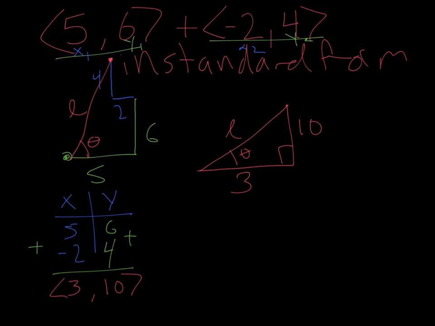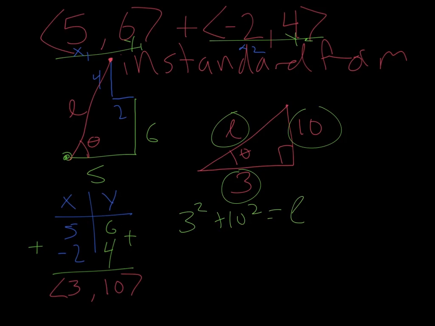So let's find L first. For L, we can just use Pythagorean theorem. Since we know 2 of the sides, we're looking for the hypotenuse. So if I take 3 squared plus 10 squared, that has to equal L squared, which means that 109 has to equal L squared, which means that L has to equal square root of 109.